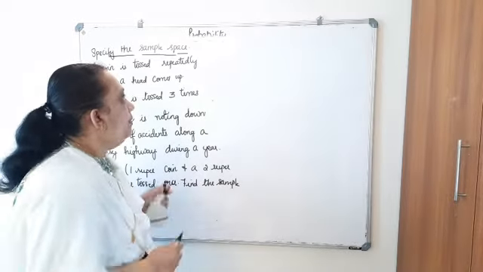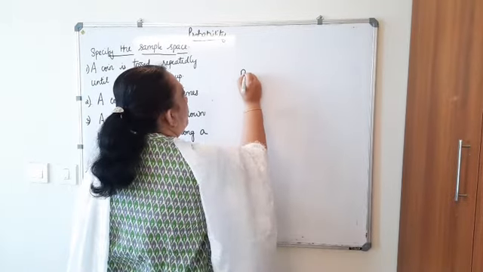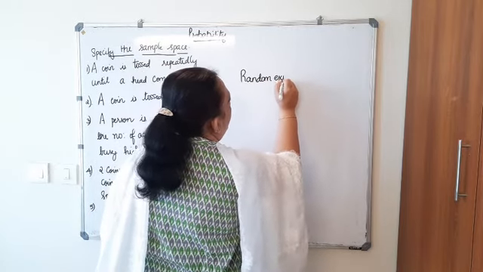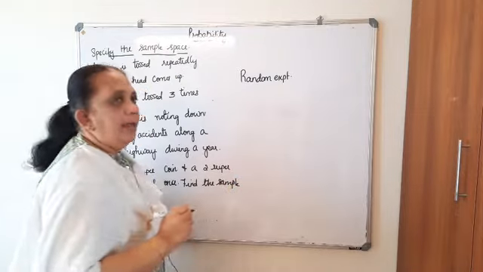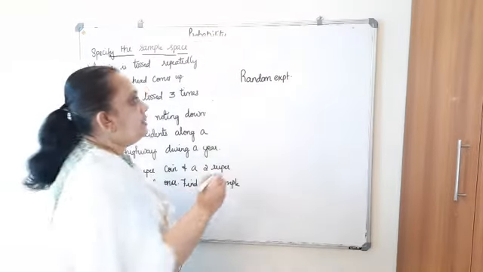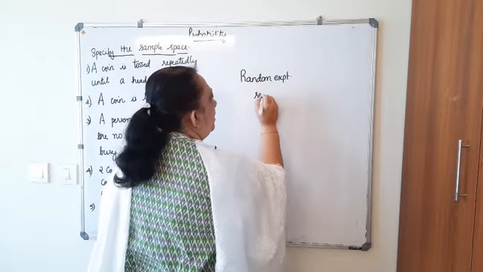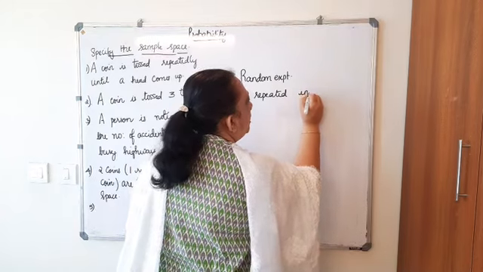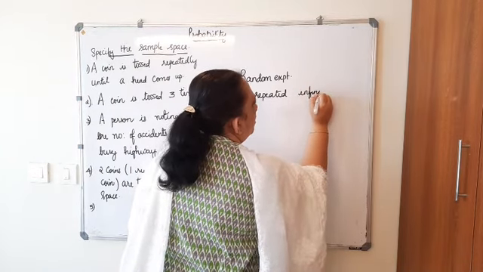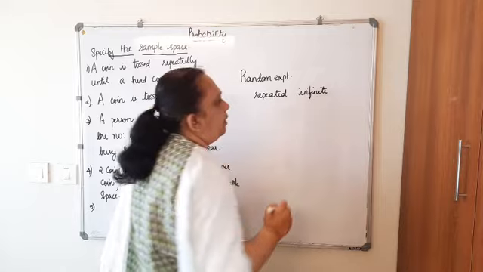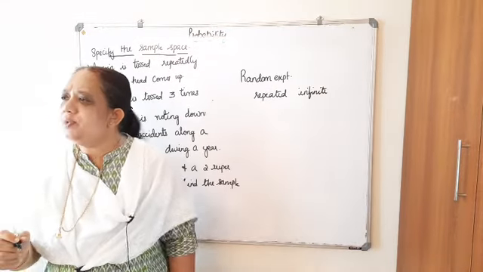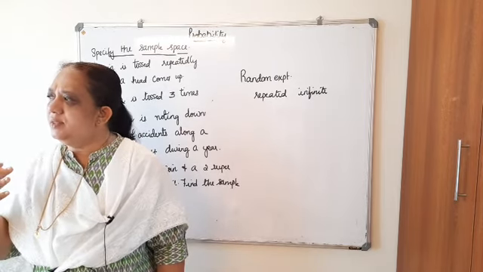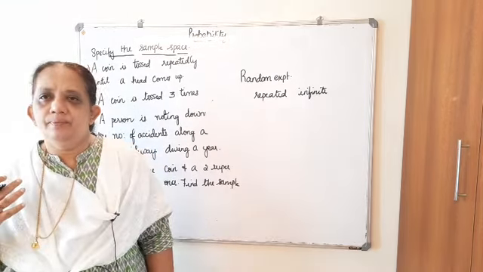A random experiment means an experiment that can be repeated an infinite number of times, but we cannot predict with certainty what the outcome, what the result, will be. This is called a random experiment.